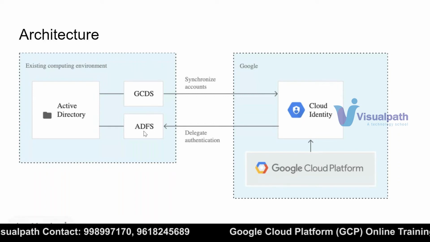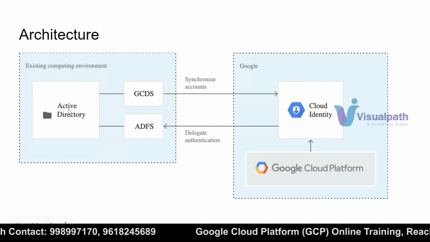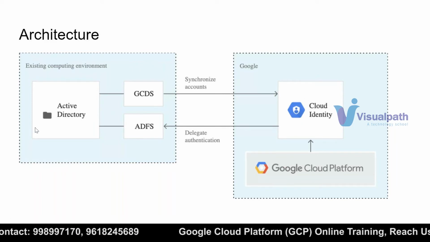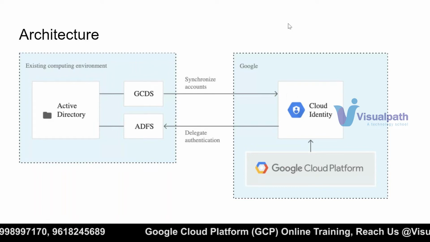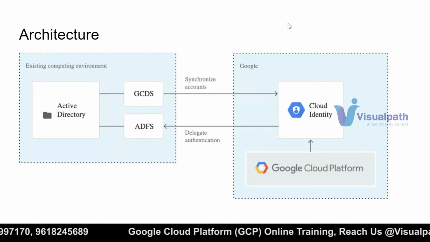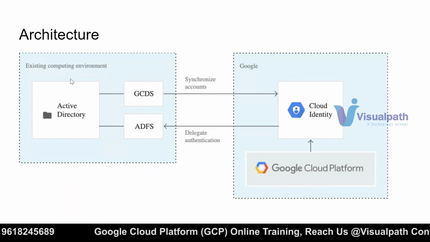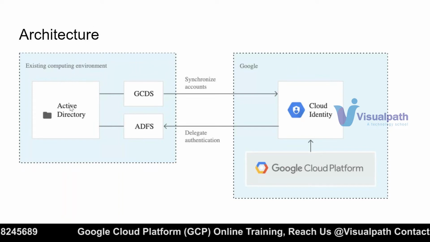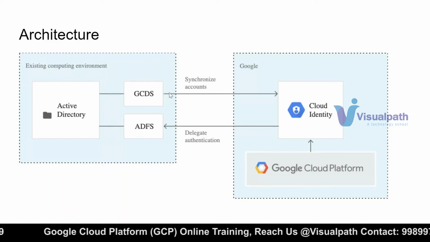This is like Active Directory and the file system. If you want to make any changes in Active Directory, it will automatically get synchronized. So there is no need to manage a separate identity from IAM from the Google Cloud perspective. If you add any user in Active Directory, it will automatically get synced to Google Cloud using GCDS.